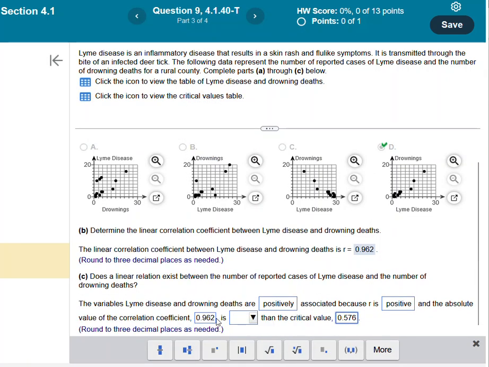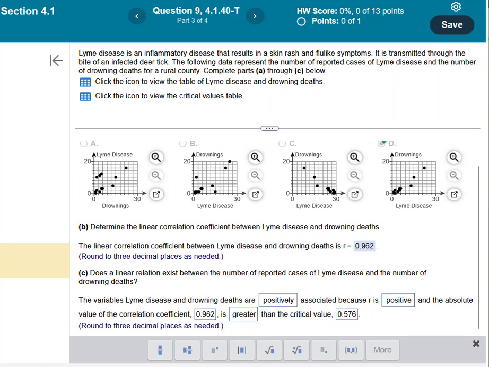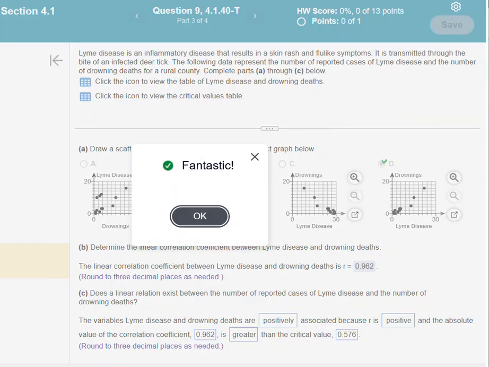Now we ask the question, is our statistic, the absolute value of the Pearson correlation coefficient, which is also called the Pearson's R statistic, greater than the critical value of 0.576? Yes, clearly it is greater than. It's much greater than. So that finishes off this fill in the blank problem.